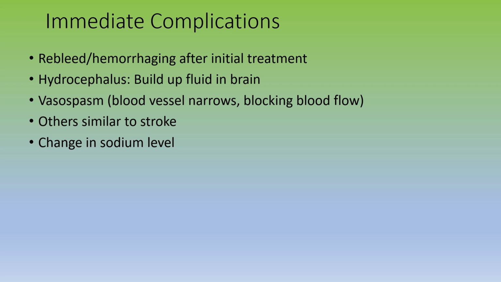And then a change in sodium level. Bleeding in the brain can disrupt the balance of sodium in the blood. This may occur from damage to the hypothalamus, an area near the base of the brain. A drop in the blood serum sodium level can lead to swelling of the brain cells and permanent damage.